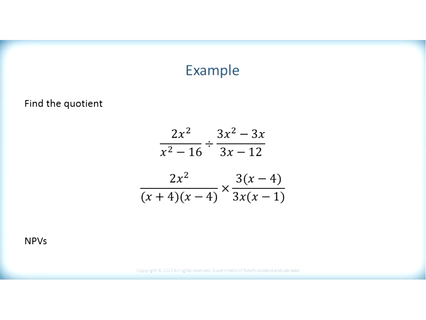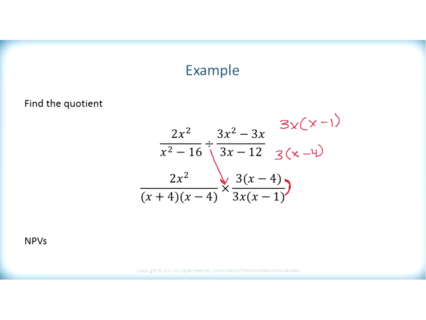This will factor to be 3x inside of x subtract 1. And this one will factor, there's a common factor here of 3 inside of x subtract 4. Notice in the next step we move right from dividing into multiplying, and we have the reciprocal. This is the reciprocal.